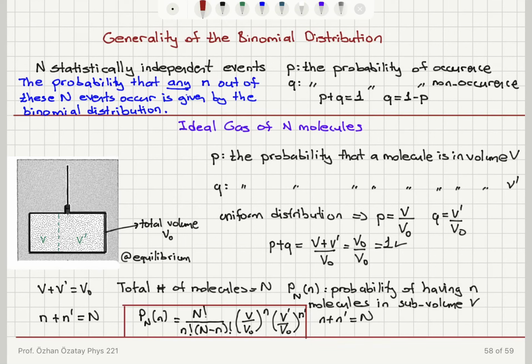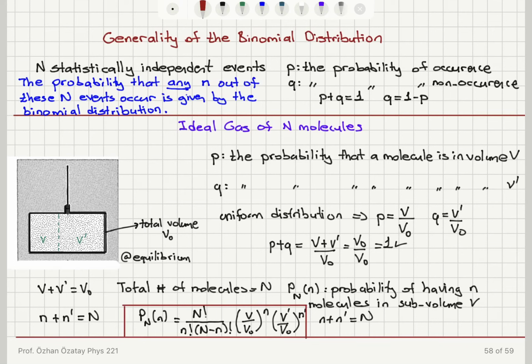Now, for the ideal gas of capital N molecules that is trapped in a container, total volume V0 at equilibrium, if you have a subvolume V and subvolume V prime, where you call the number of molecules in V n, and the number of molecules in V prime n prime, so that the total number of molecules is capital N. And if you're at equilibrium, you will have the uniform most random distribution. P will be given by V divided by V0.